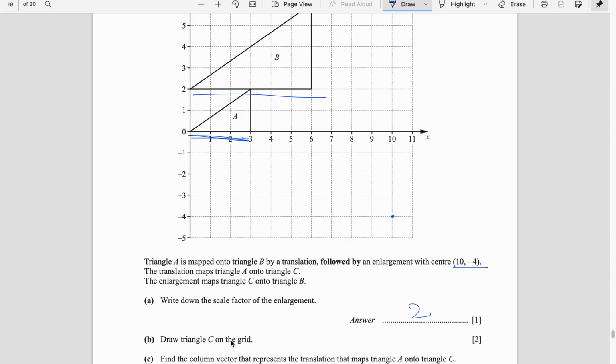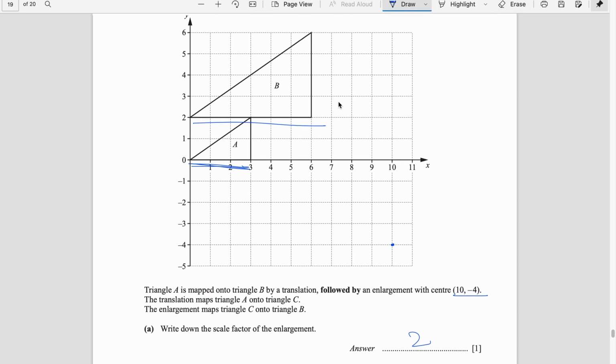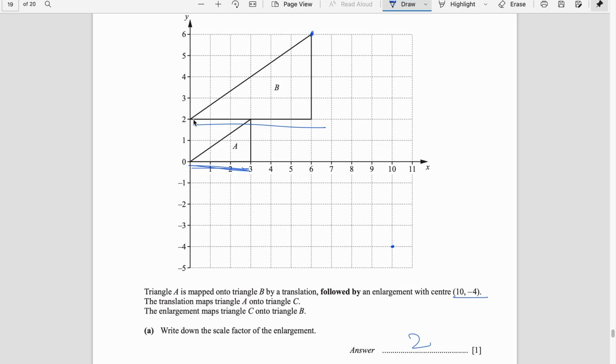Draw triangle C on the grid. Now we have the center, and join all these 3 points with the center. Using your scale and compass, please excuse, this would be a little rough here. It is easy on paper.